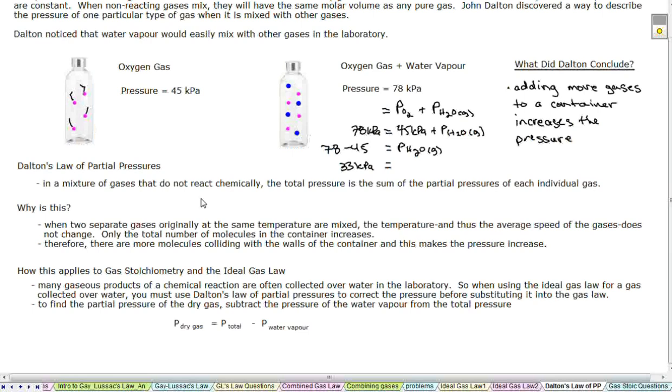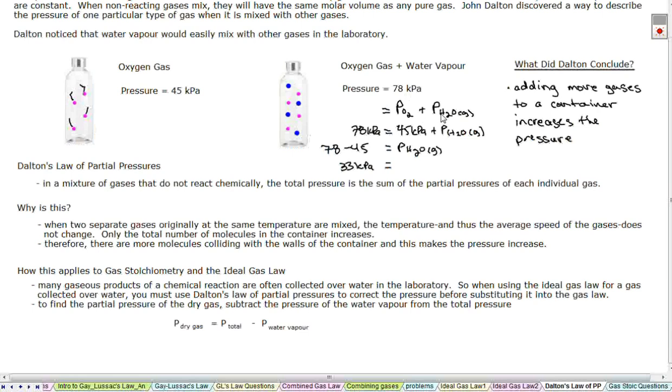Chemists have determined set standards of what pressure water vapor would give at certain temperatures. So to find out the partial pressure of the dry gas, you would subtract the pressure of the water vapor from the total pressure. Kind of like what we did up here. We identified the total gas pressure was 78 kPa, and we know that this was from the oxygen gas and the water vapor.